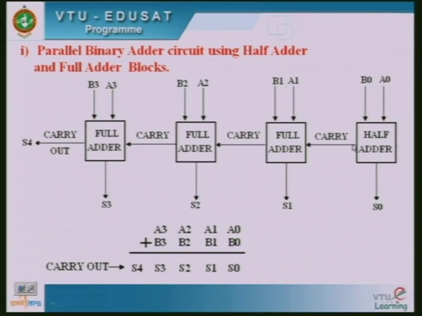Along with that, the carry in coming from the half adder is also considered for this full adder, and by adding these 3, the sum generated is indicated as S1. If any carry is generated, it is connected to the next cascaded stage.